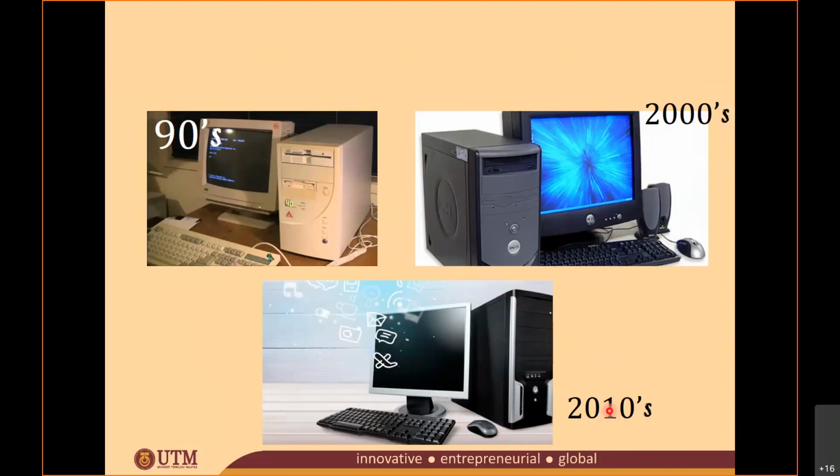Correct, now we use the SSD, no more HDD. In terms of RAM, the early one used SDRAM. In the 2000s, DDR2 or DDR3 RAM was used, but in 2010 it is DDR4 SDRAM. So the organization is changing from year to year.